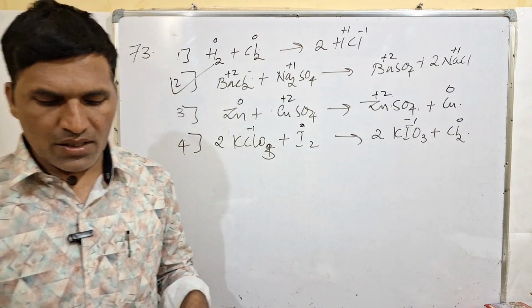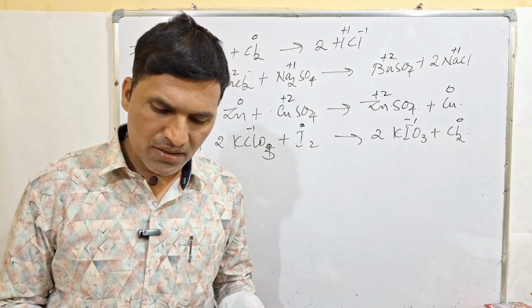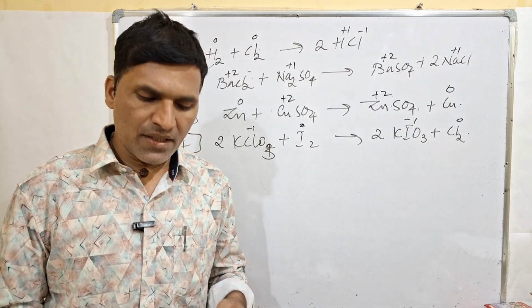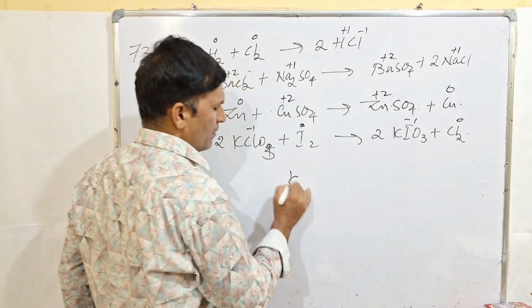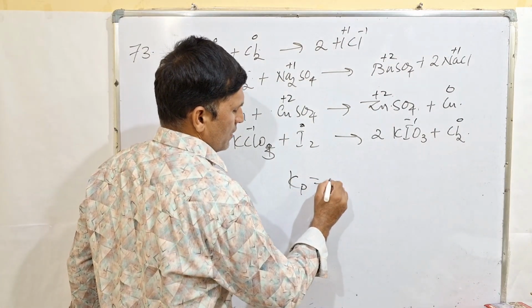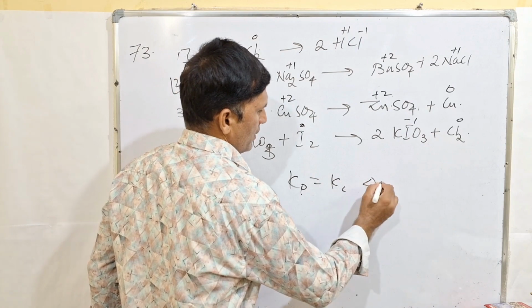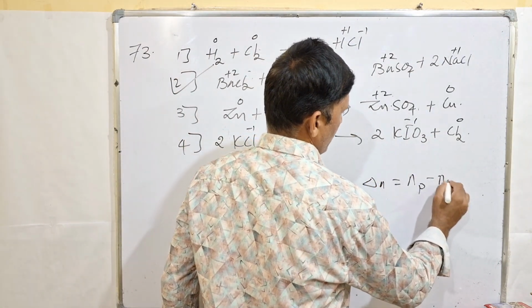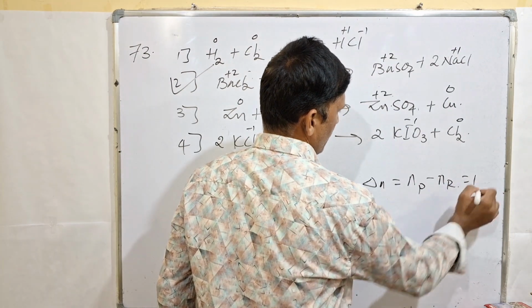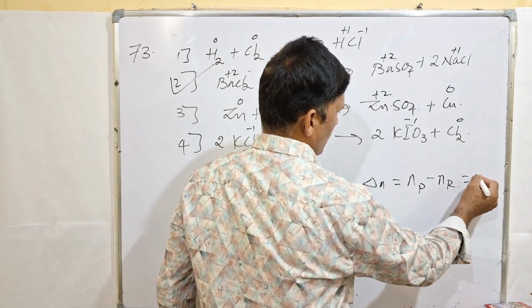74th question. In which of the following equilibria are Kp and Kc not equal? Kp and Kc will be equal when delta n, number of moles of products minus number of moles of reactants, becomes equal to 0.